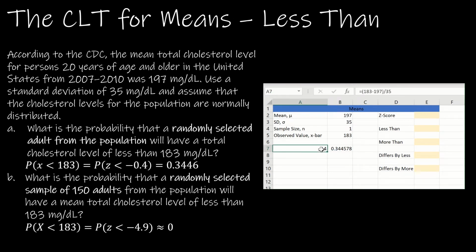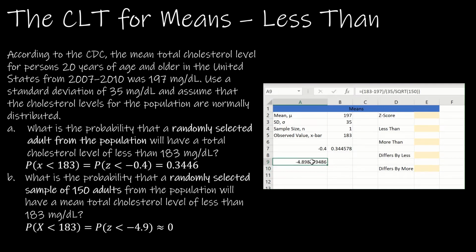I would do the exact same thing for the other z-score, except I would then divide this by the square root of the sample size, which is, hold on, 150. Sorry, I got lost for a minute.